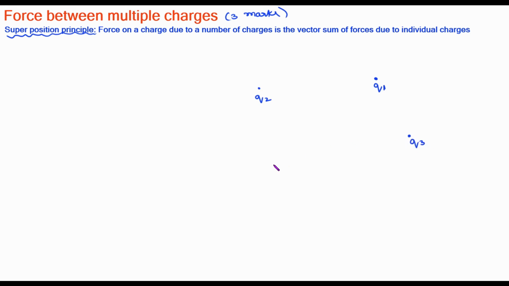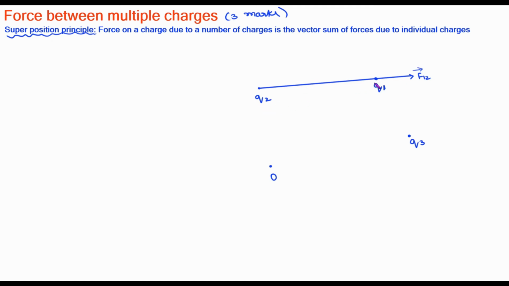Here is a point called O. This q2 charge will be exerting a force on q1, and that force is F12.